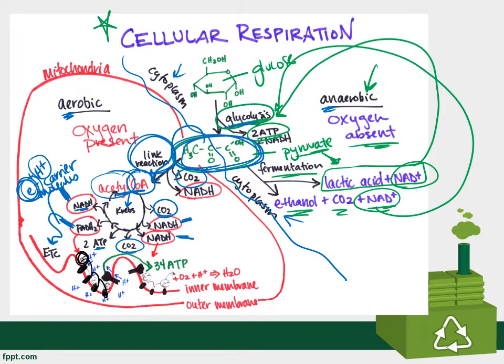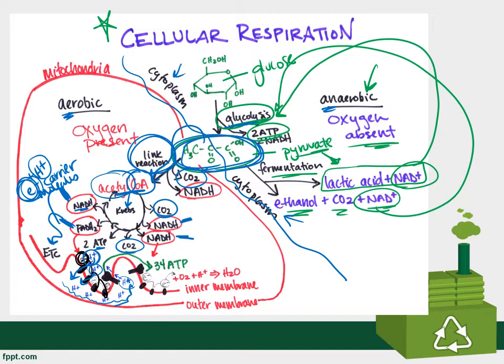Energy from the electrons is going to be used to pump hydrogen ions from the matrix into the intermembrane space. So we get this super high concentration of hydrogen ions in the intermembrane space. The universe does not like for things to be hoarded up like this, and so those hydrogen ions are going to look for a path back into the matrix.